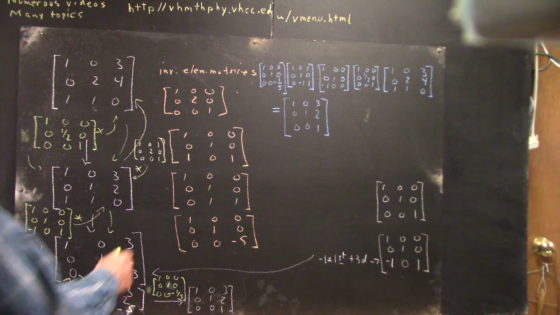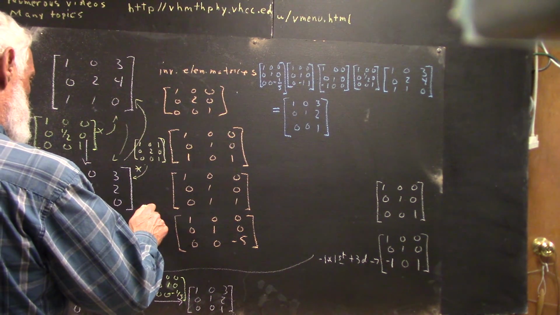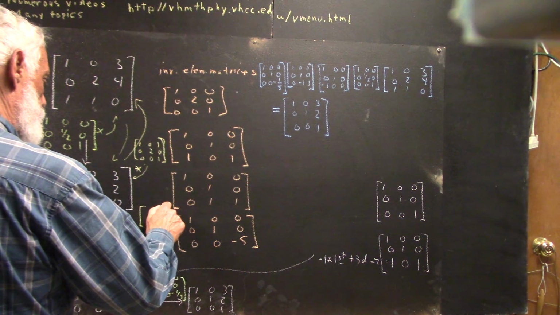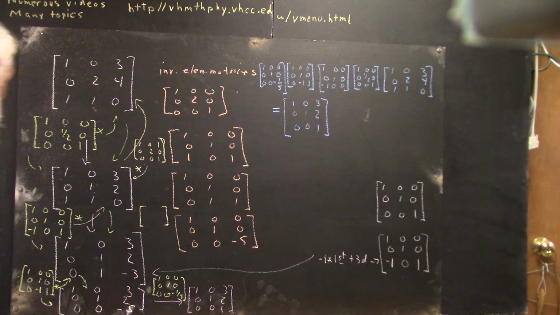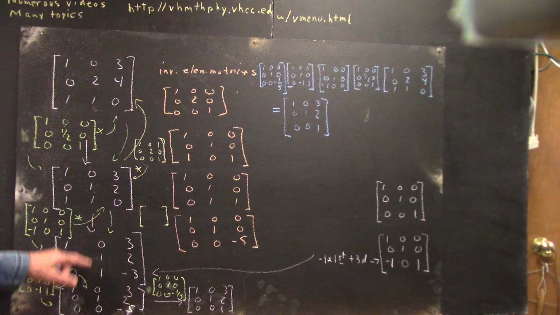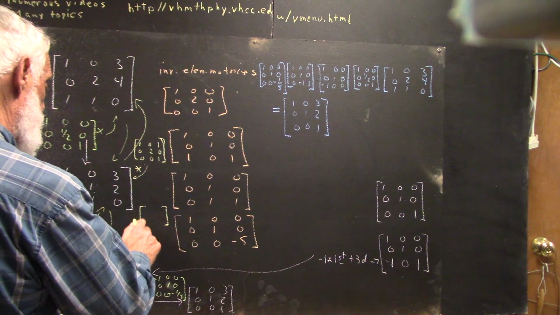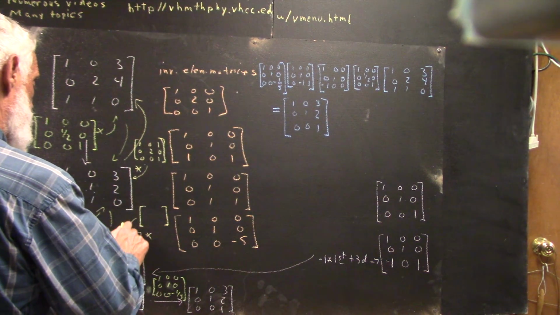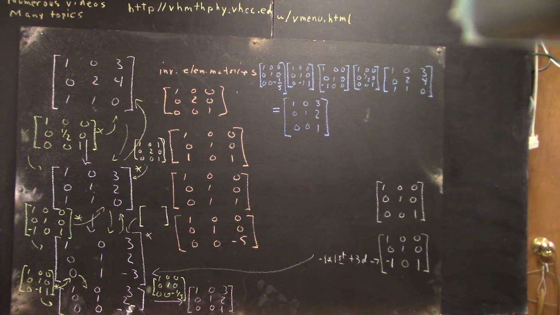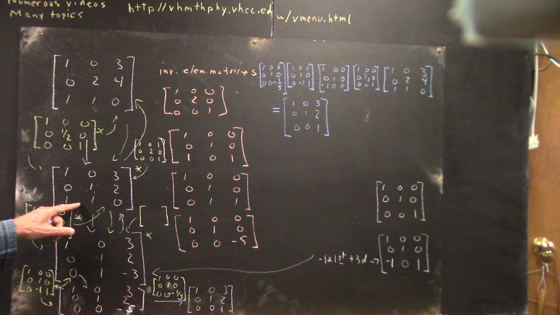So, let's try and figure out where to write it. To get from here to here, I multiply this matrix on the left by what to get back to this matrix? Well, again, if I add the first row of this matrix to this, I get what I started with.